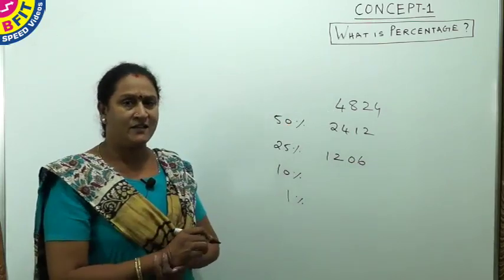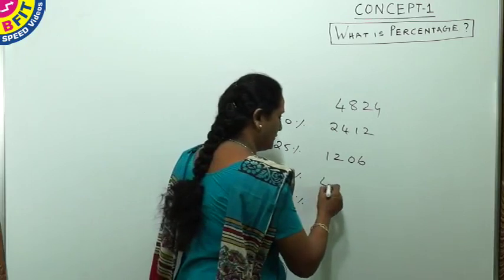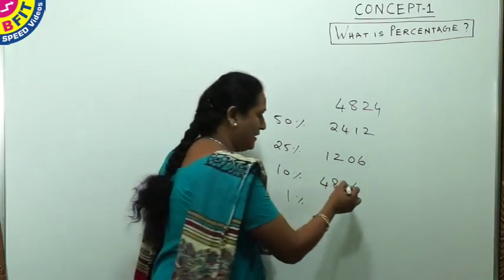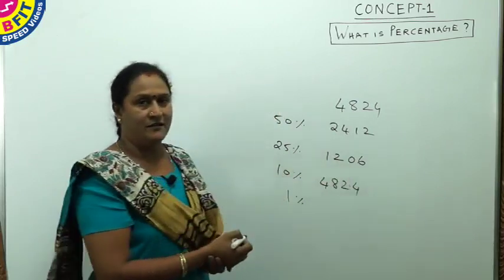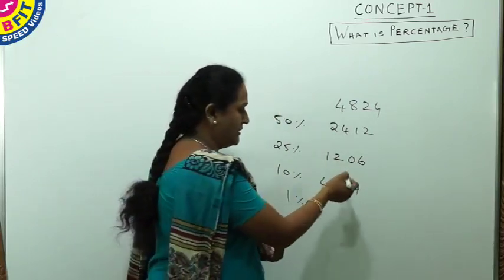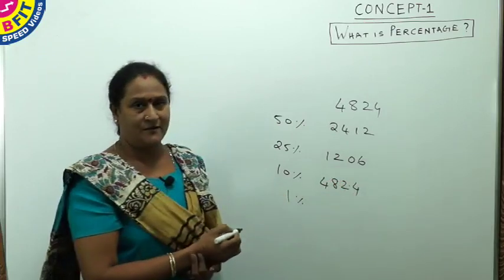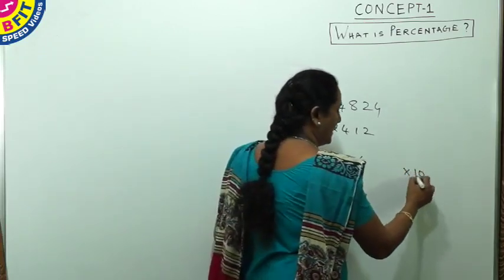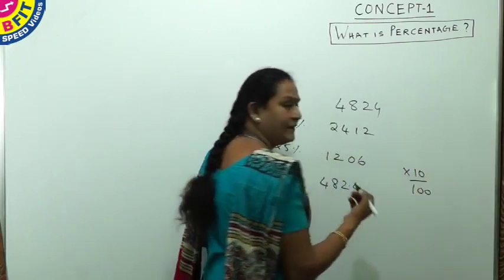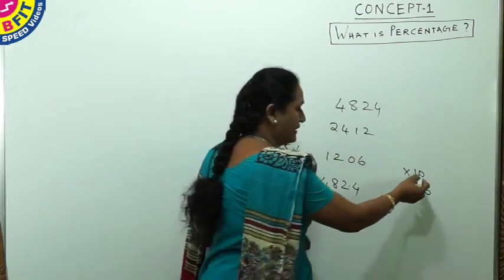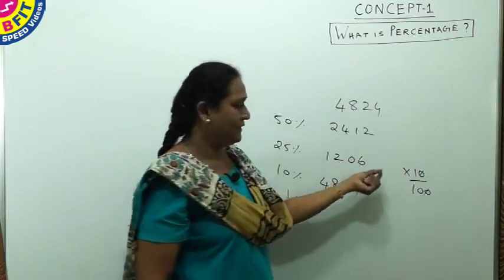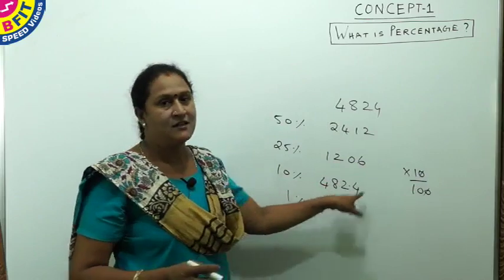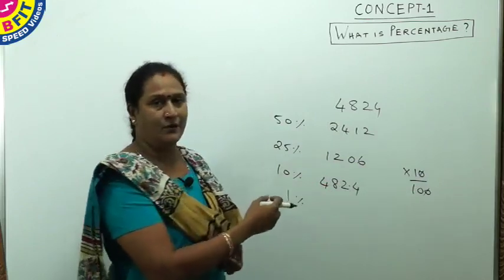And if 10% is asked, for this 4824, just place a decimal after the last integer, from right to left, place a decimal after the first integer, because 10% means multiplying it by 10 by 100. After cancelling this, it is like dividing the given number by 10.